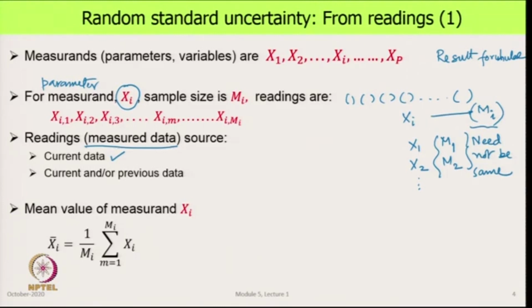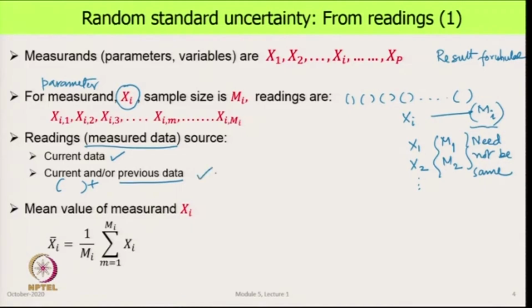Another option is that we may not do all that data collection ourselves. We could rely either on some data collected in the past by somebody else, or we use that data plus some from our own data with the same instrument, same setup, same everything.